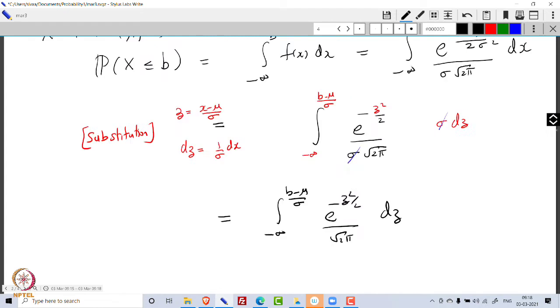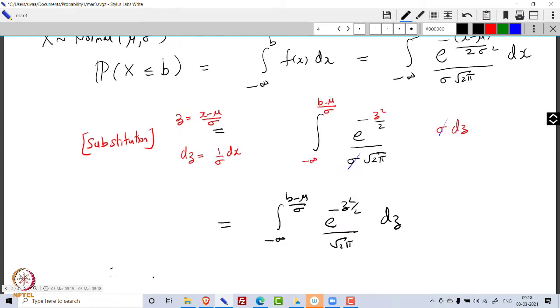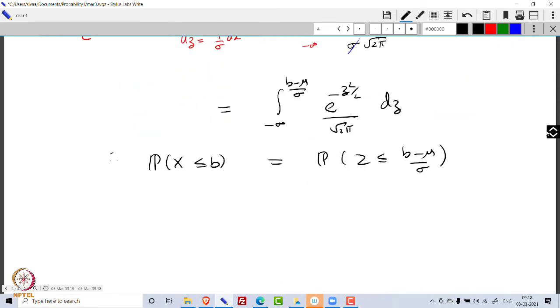Therefore, what have we shown now? We have shown that the probability x less than or equal to b is the same as the probability z less than or equal to b minus mu by sigma, where z is normal 0, 1. And we know how to compute the probabilities of z using the tables.